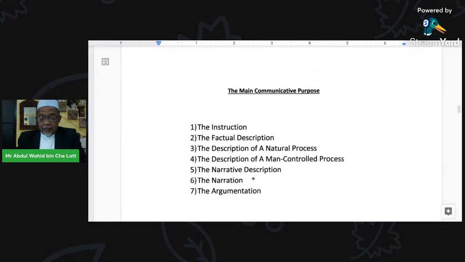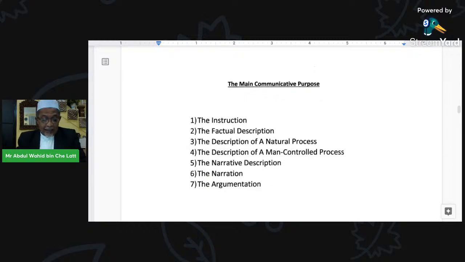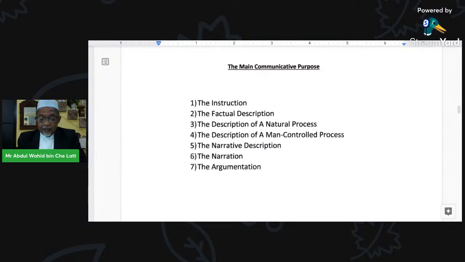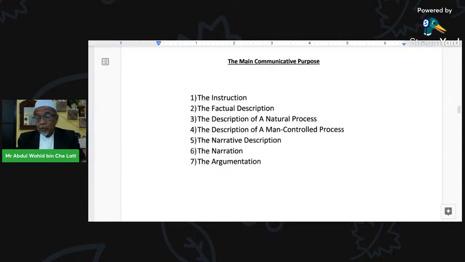Narration, indicated by simple past dynamic verbs, for example ate, saw. Narrative description, indicated by simple past stative verbs, for example was, were, and had. And argumentation, indicated by a verb phrase that begins with a modal.